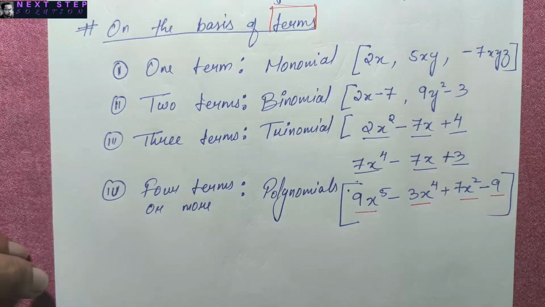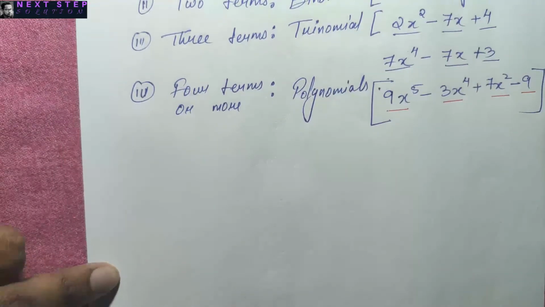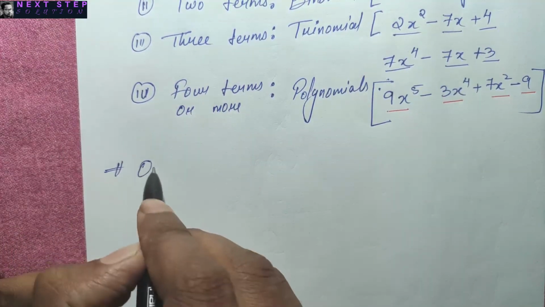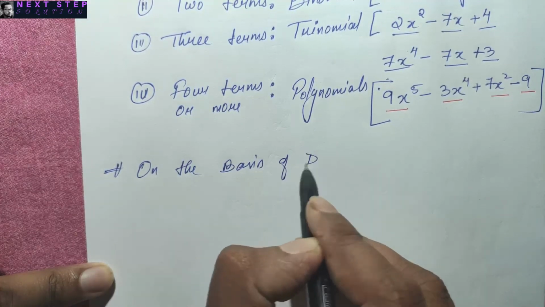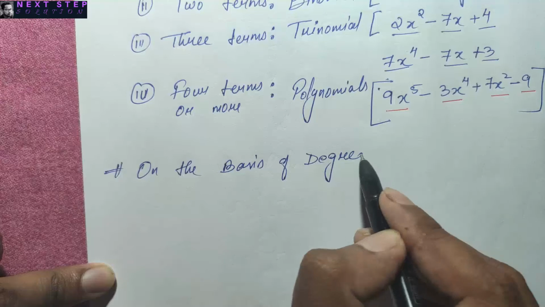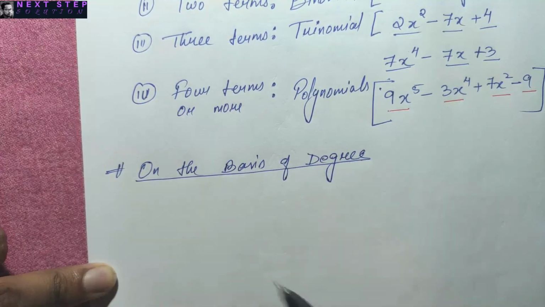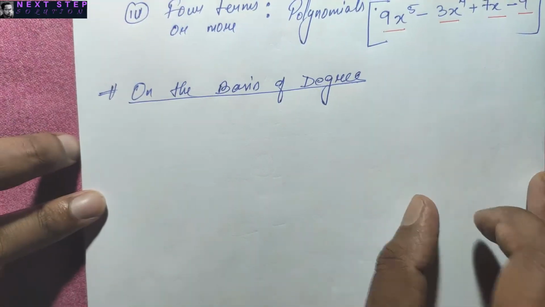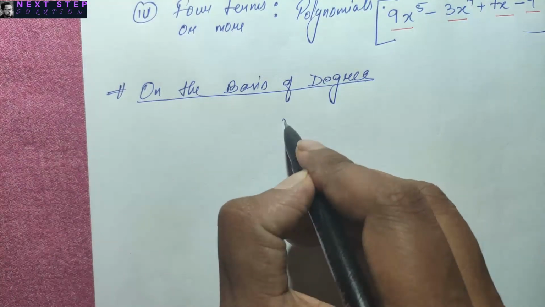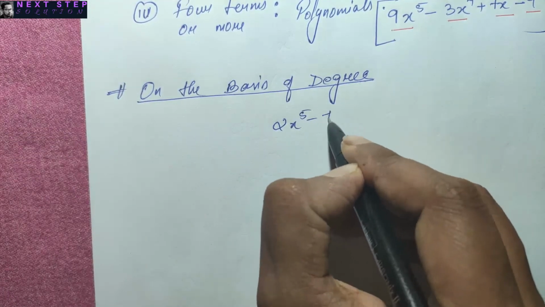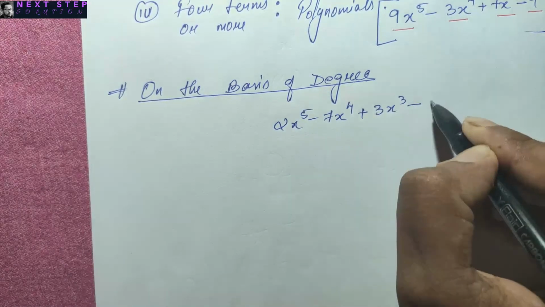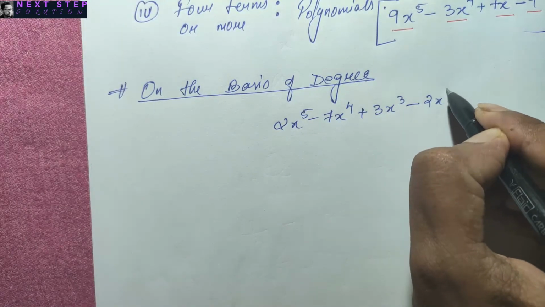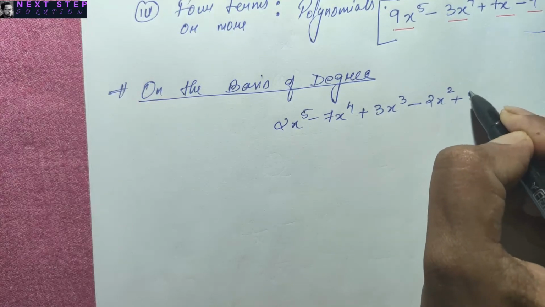The next thing is classification on the basis of degree. Before starting the classification, let me tell you what is degree. Degree means the power of a polynomial. Suppose I have 2x to the power 5 minus 7x to the power 4 plus 3x to the power 3 minus 2x to the power 2 plus 5x minus 1.